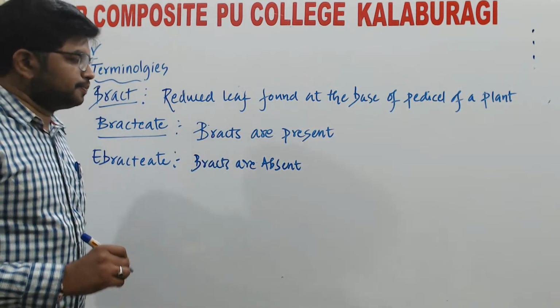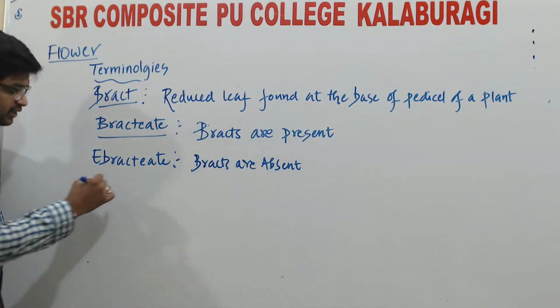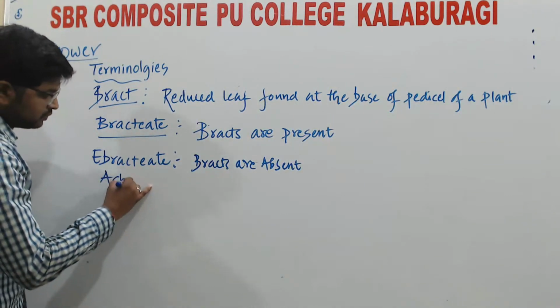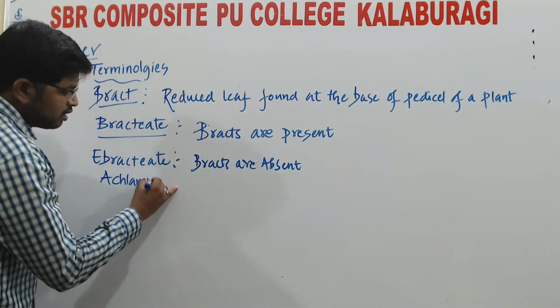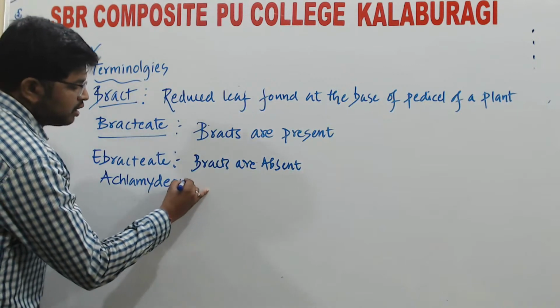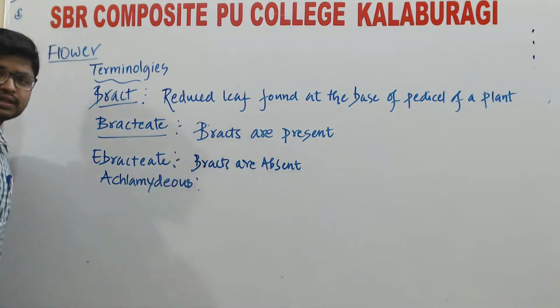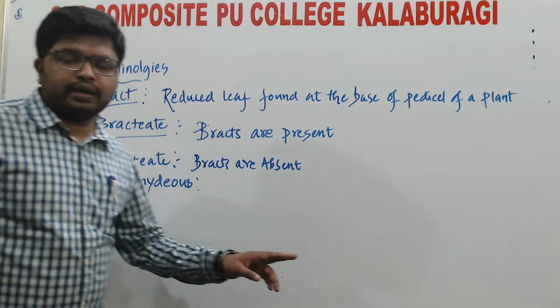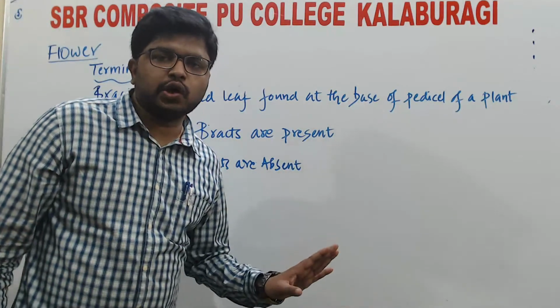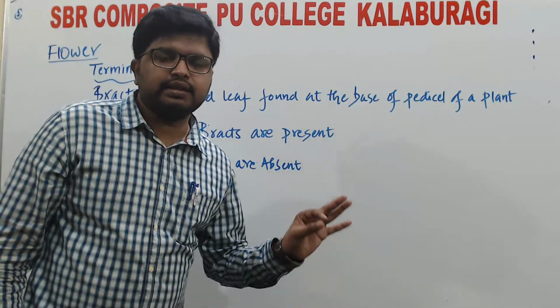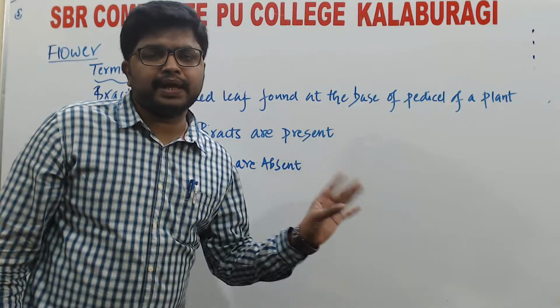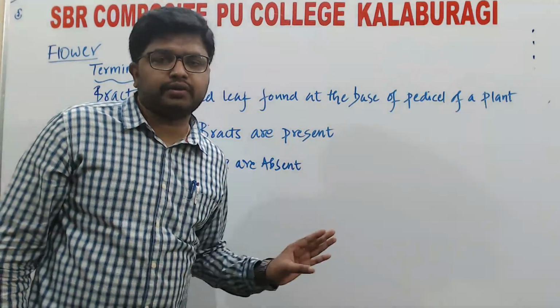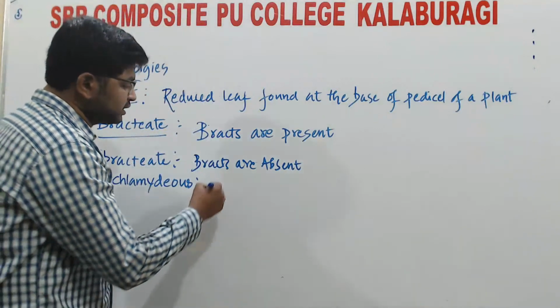And a achlamydeous flower. What is an achlamydeous flower? A flower which does not have the calyx, the corolla, or the perianth, such a naked flower, we call an achlamydeous flower.